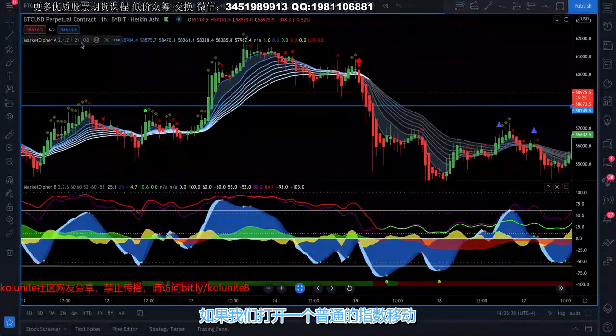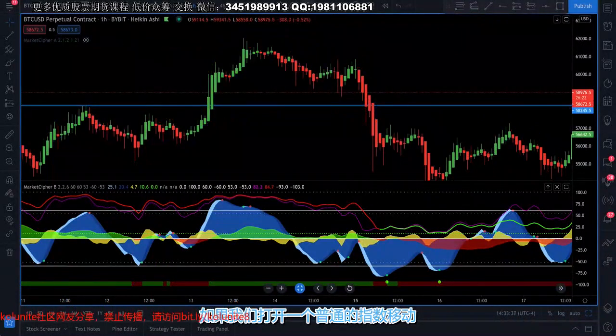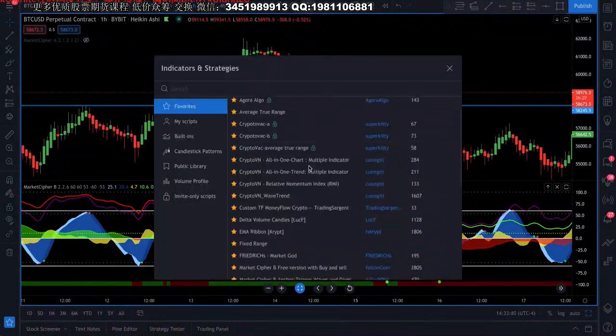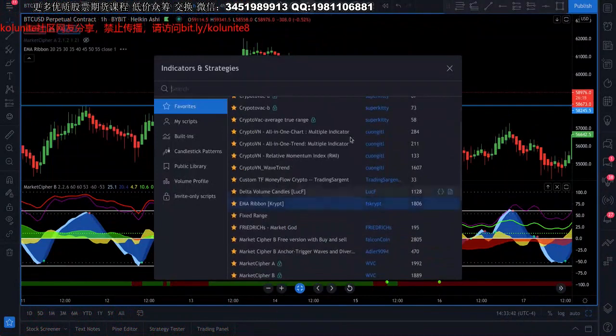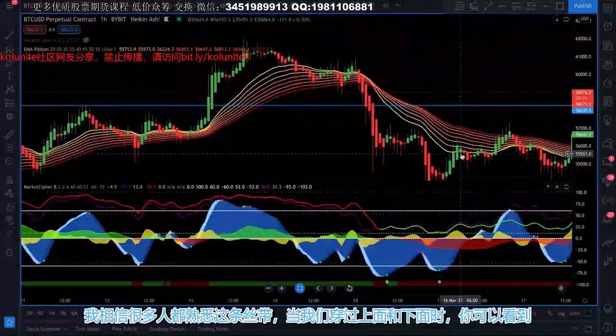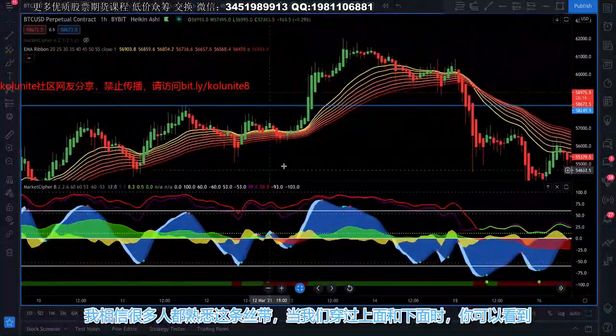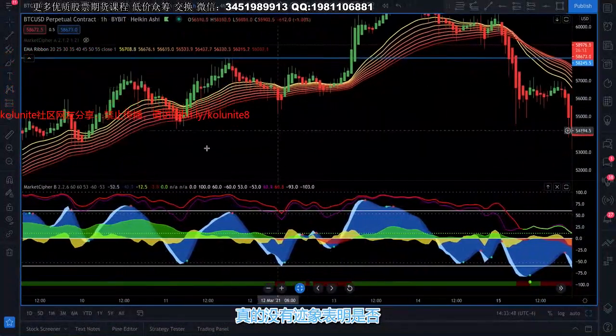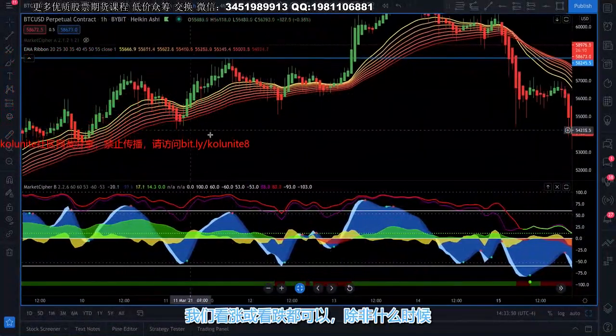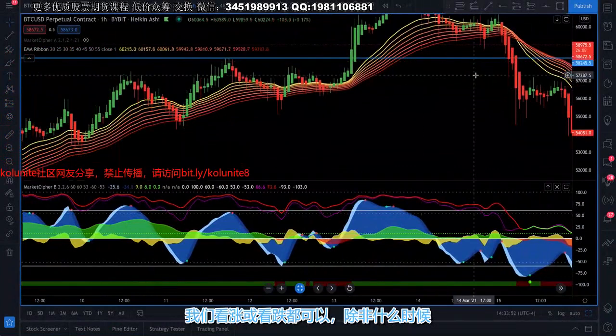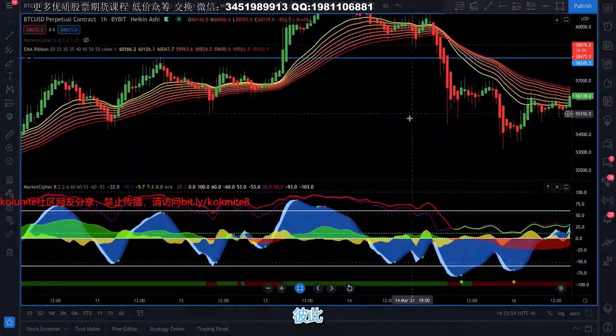If we were to turn on just a regular exponential moving average ribbon, which I have right here, I'm sure a lot of people are familiar with this ribbon, you can see that when we cross above and below, there's really no indication whether or not we're bullish or bearish, okay, except when you see them all cross over each other.